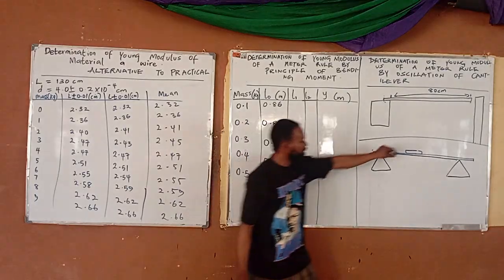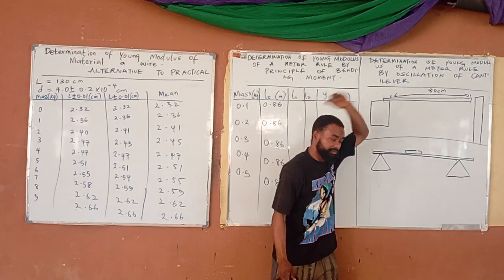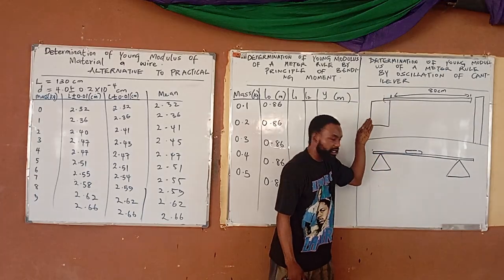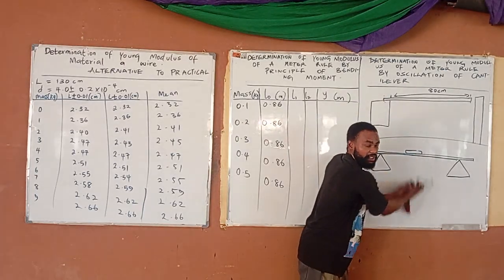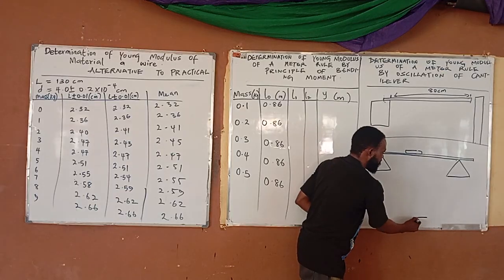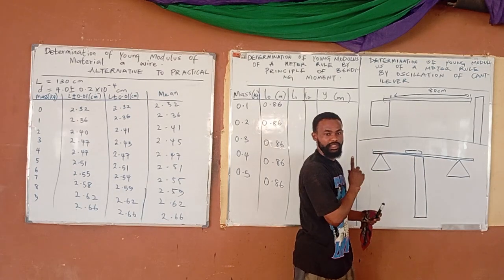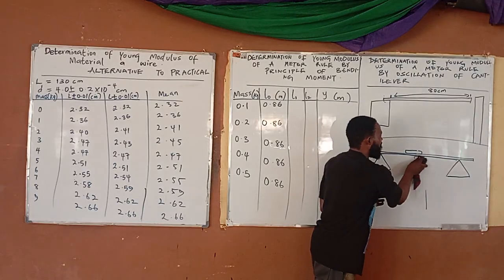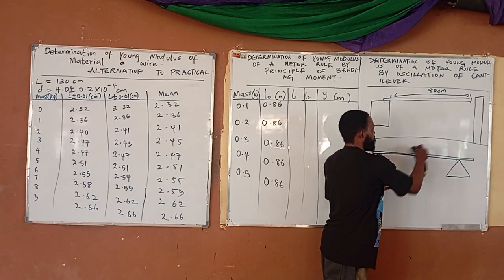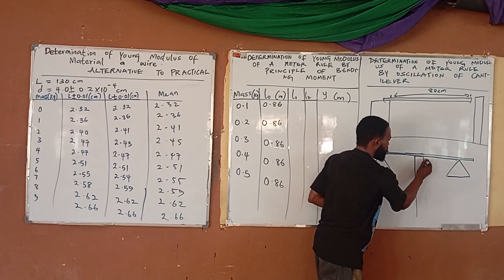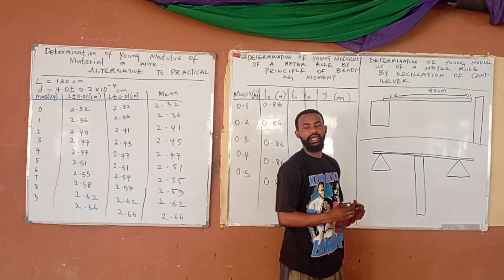Then, the minute I remove this mass, as it's going back, I'll take the same place I placed my meter rule from ground, get the measurement from here to here. I note it. I will come back again, check the measurements.